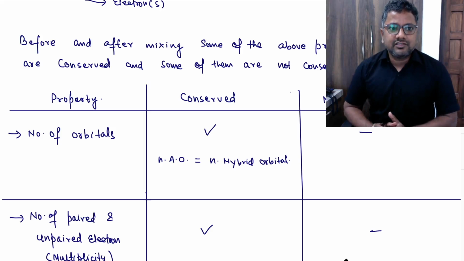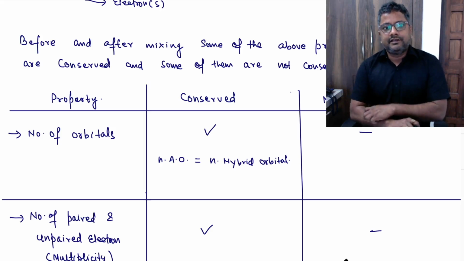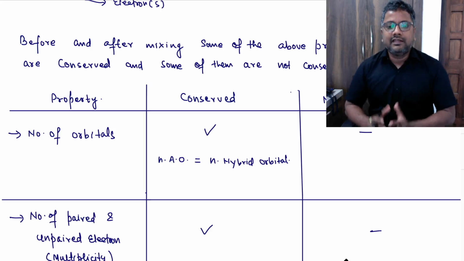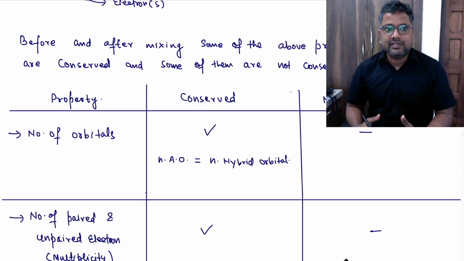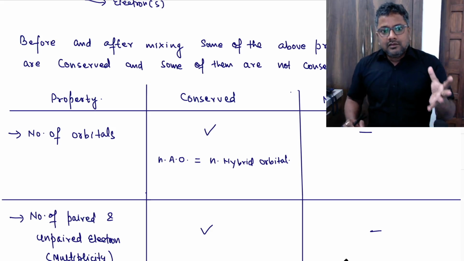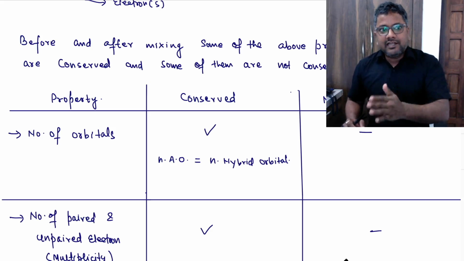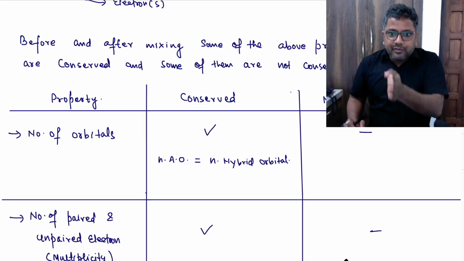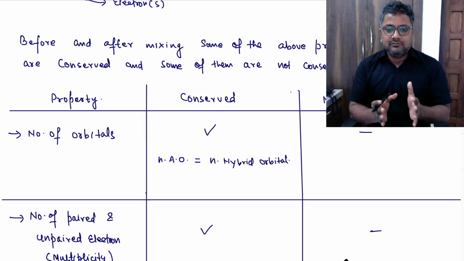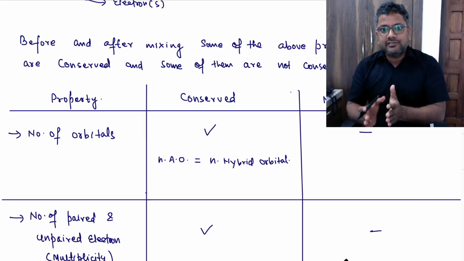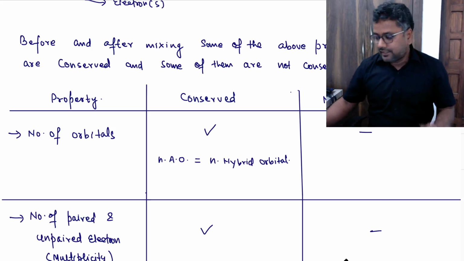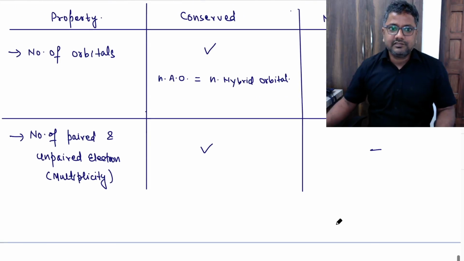If your system is not energetically favored for the mixing, or it is not appropriate for the mixing, then excitation and de-excitation should be done before mixing. Whatever the state of your atom is before mixing, that remains after mixing. So this is a very, very important and essential point, right?